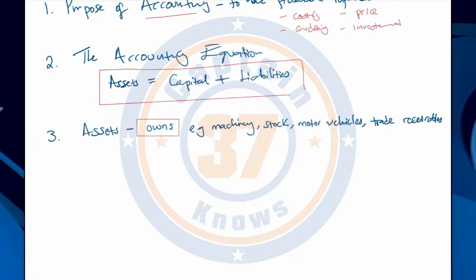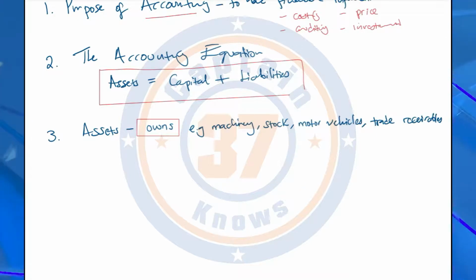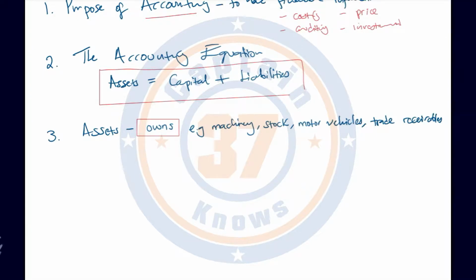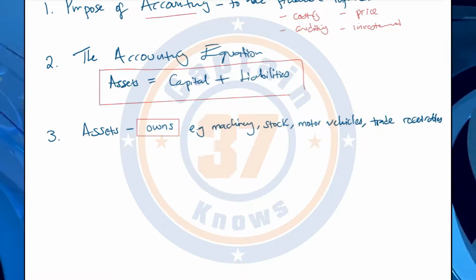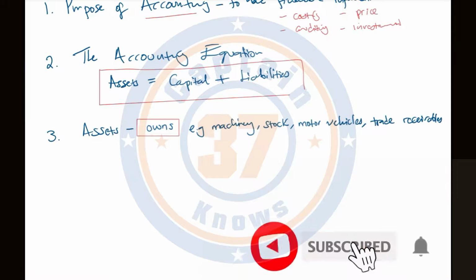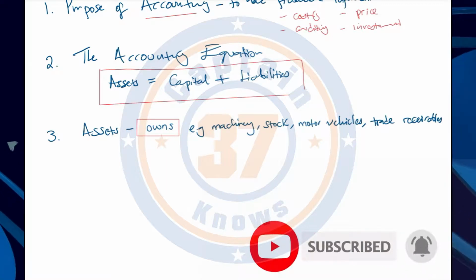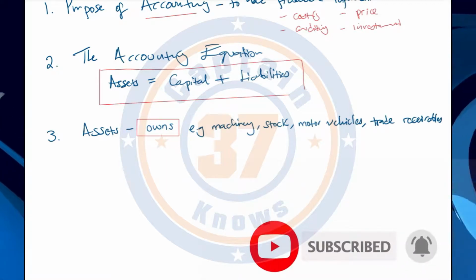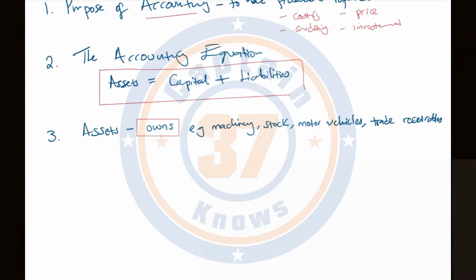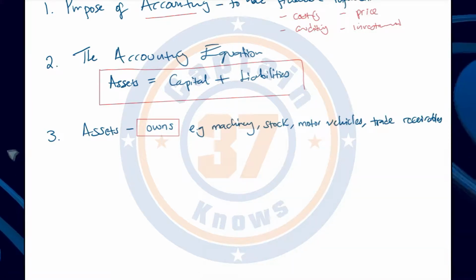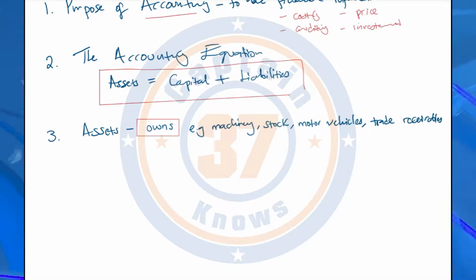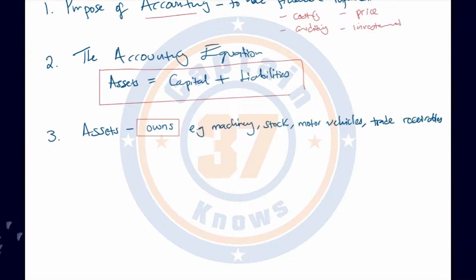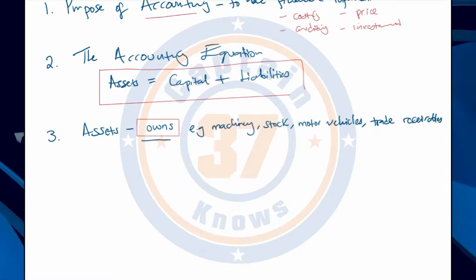Think of a company that may have done the cleaning on the 9th of this month and is expecting payment on the 30th. That's what's known as trade receivable. The organization has provided a service and is expecting payment. So assets are what a business owns.